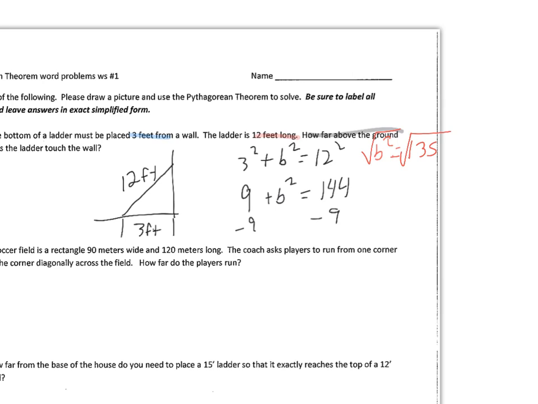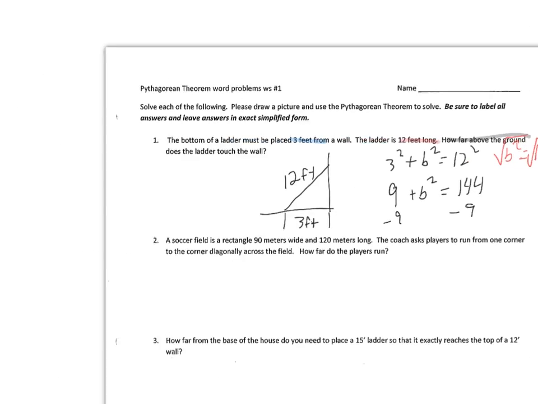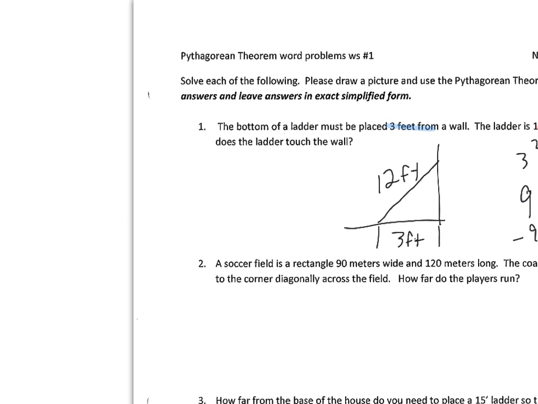But if it's like this one, and it's a non-terminating decimal, so it goes on forever, we're not going to round. We are going to attempt to simplify that radical, which is what we were working on yesterday. It's why we did it before the Pythagorean theorem. So I'm going to come over here, and I'm going to work on simplifying my radical.